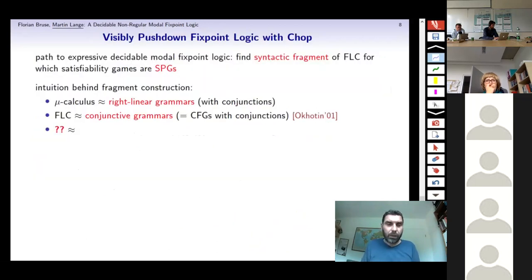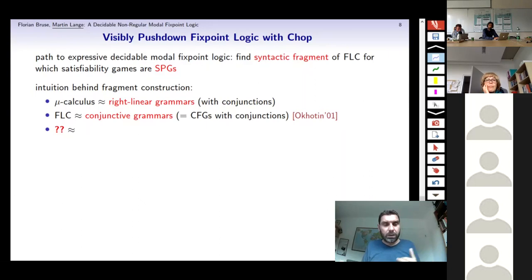Now, this gives us a clear path to designing a syntactic fragment of FLC which is decidable. Basically, all we have to ensure is that the satisfiability games that come out from the formulas of this fragment are stair parity games.